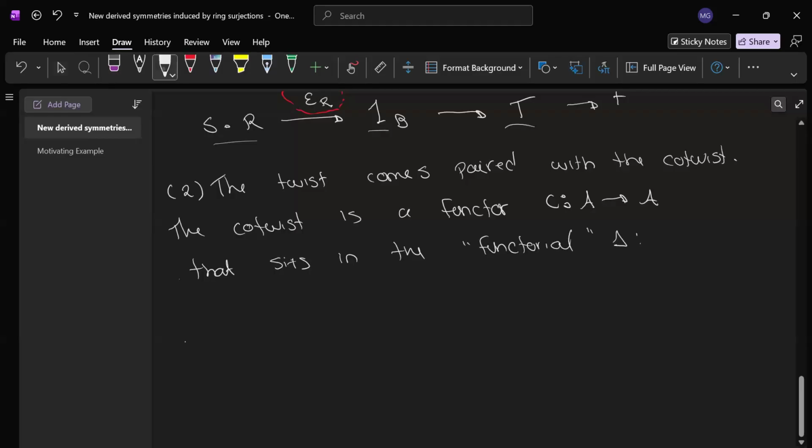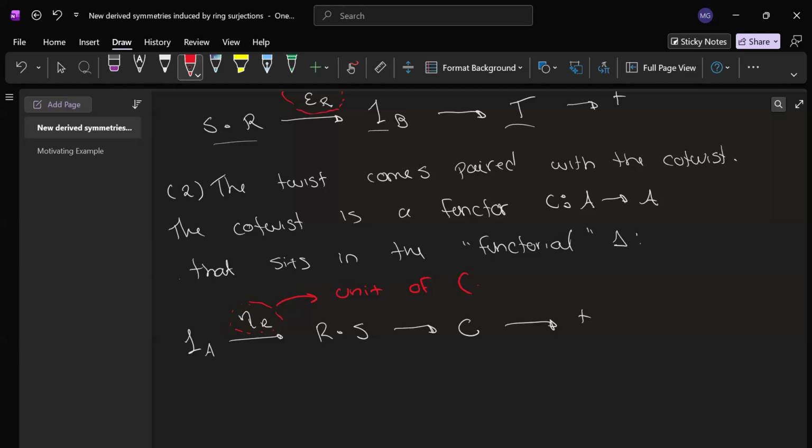And now what we do is we take the unit of the adjunction and then take the cone of that. So this eta R here is our unit of the adjunction between S and its right adjoint.